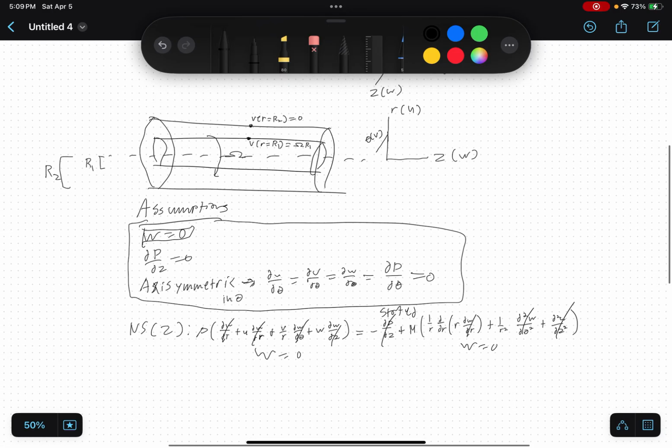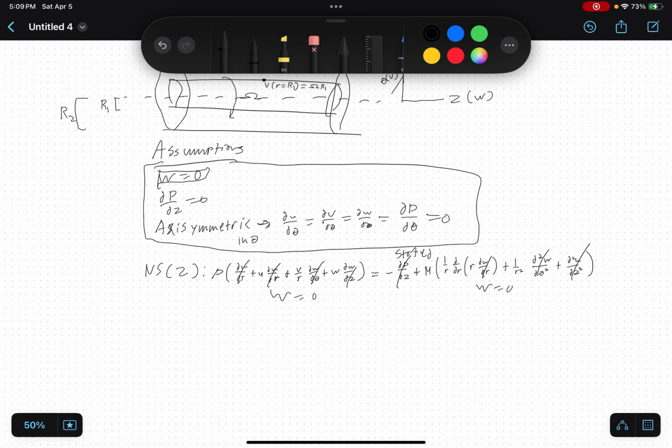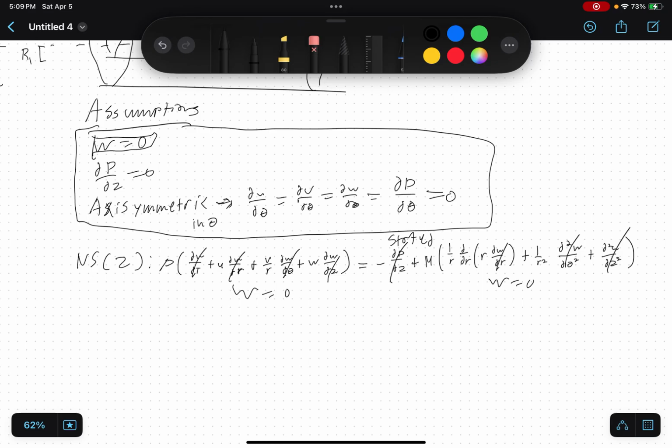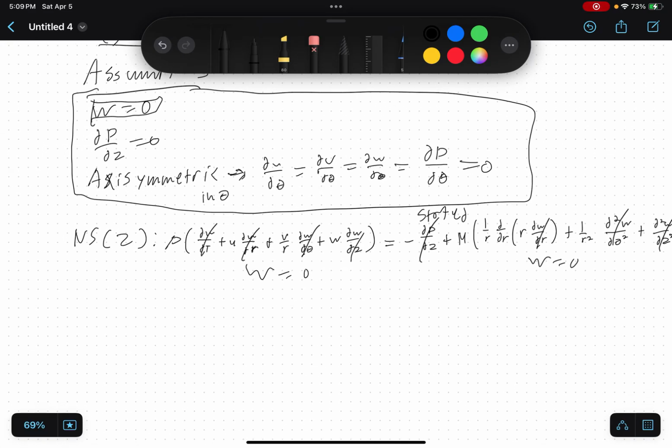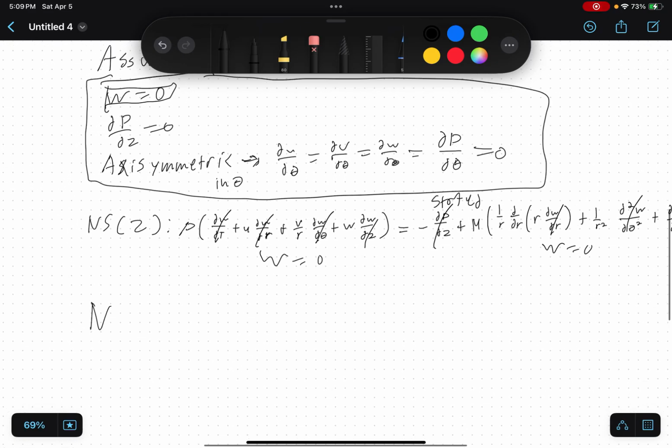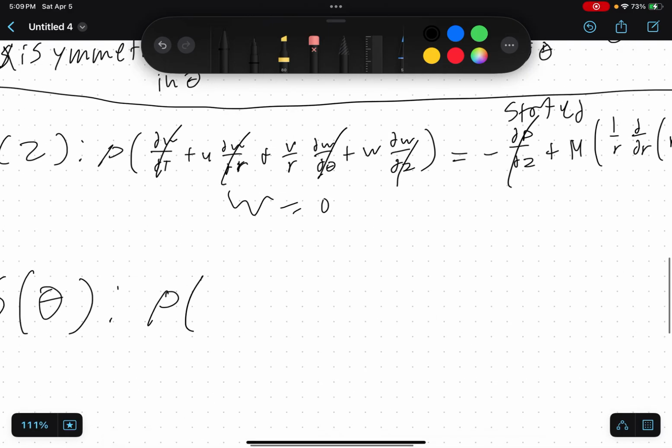Maybe not same thing in the r. You know what? I don't even want to try it right now. Let's go in the theta direction because that's what we care about in this problem. I don't want to waste any more time writing this stuff out.